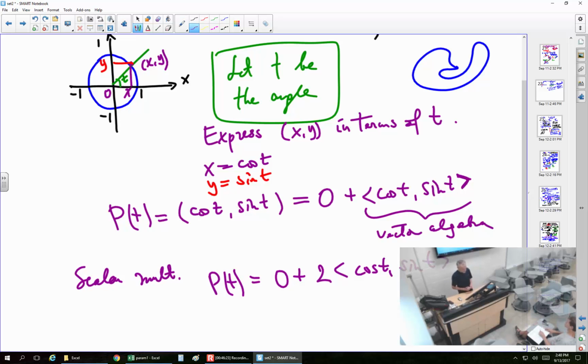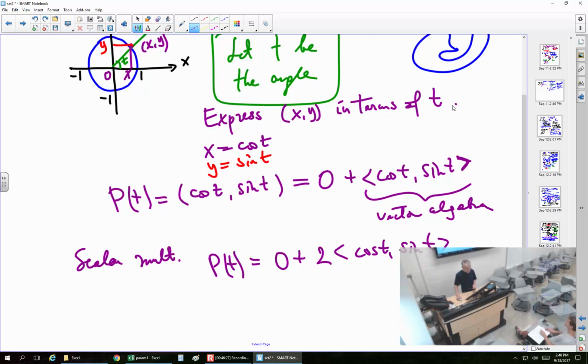What happens to the vector if we multiply it by 2? It depends on time, but it is a vector.